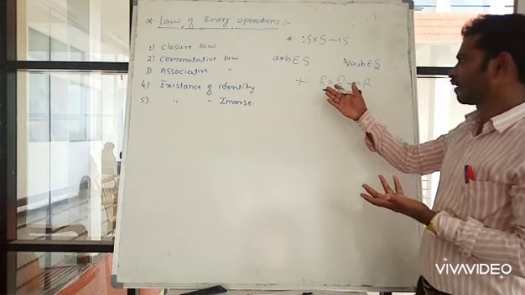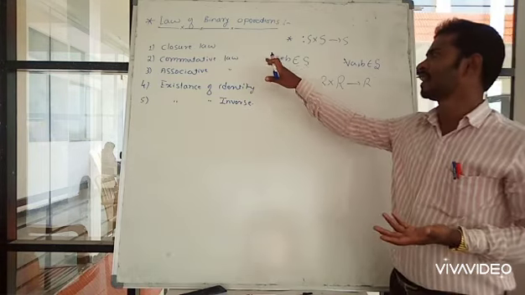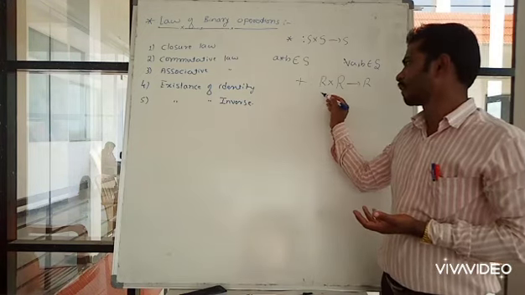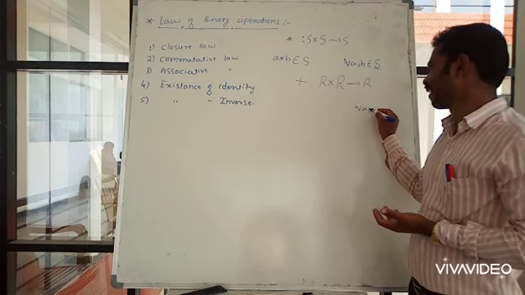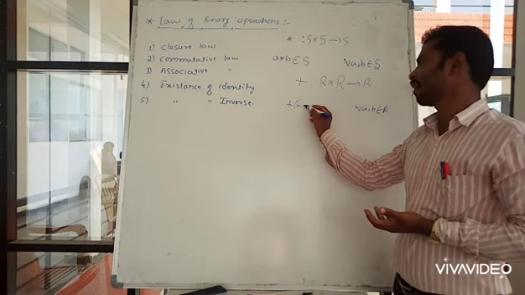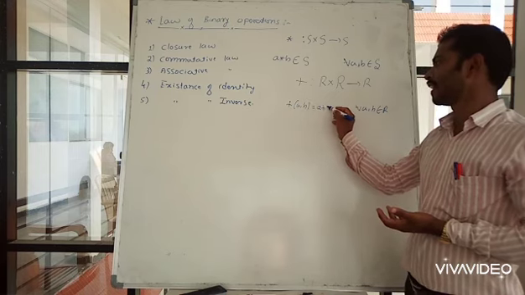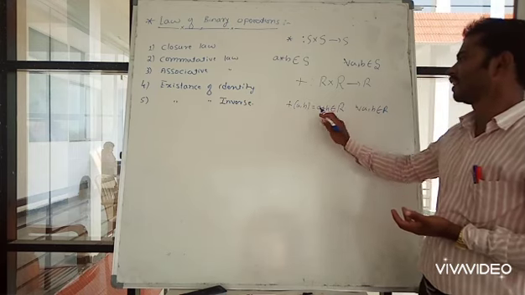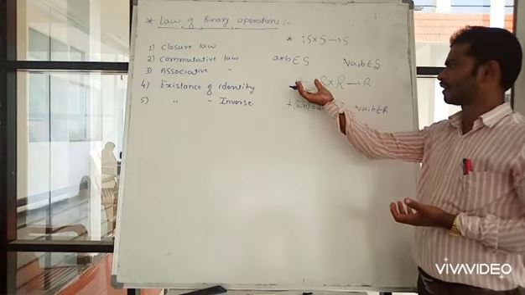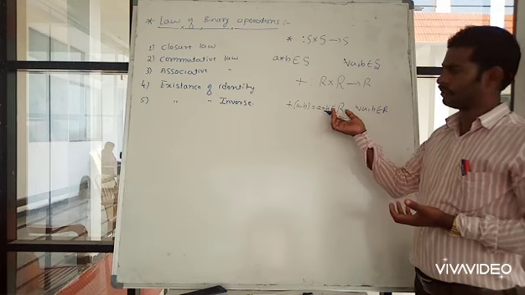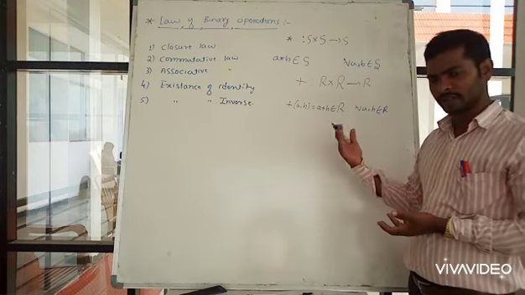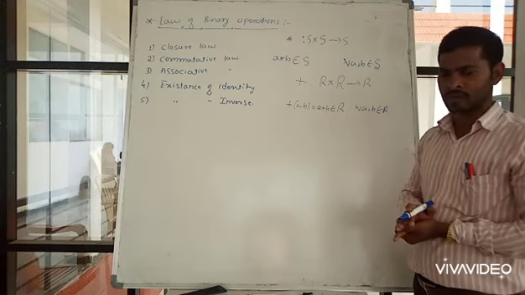If a and b are any two real numbers, then plus of a comma b is defined as a plus b, and it is always a real number. The result of this ordered pair under this operation is an element of R. Therefore, this addition is a binary operation, and this binary operation satisfies the closure law.